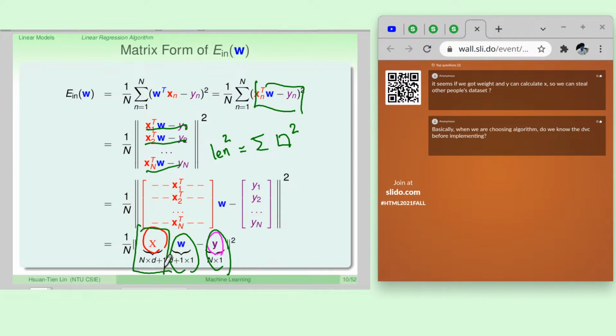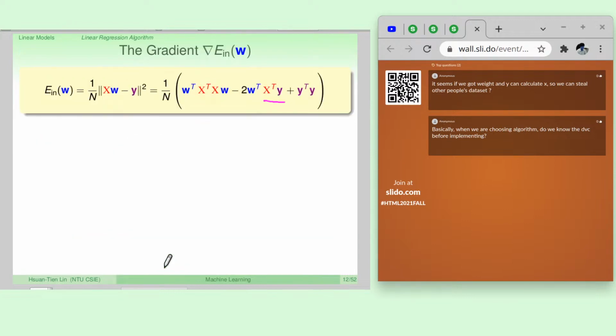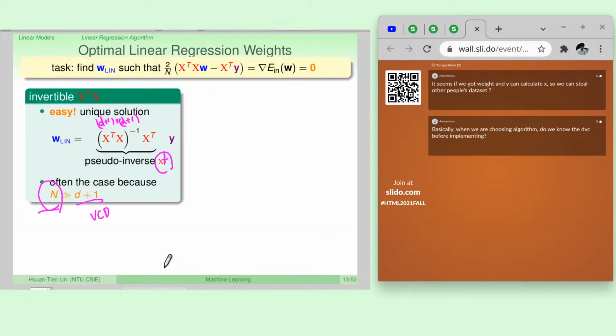So physically there will be multiple x that lead to the same w and y, even for linear regression. To actually get x from w and y, even if you assume that x is invertible, you have multiple unknowns to reconstruct. It may not always be easy.